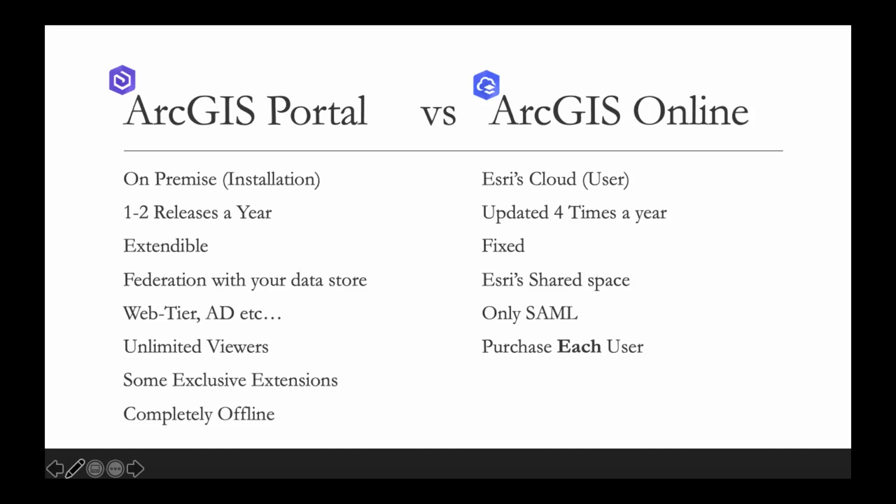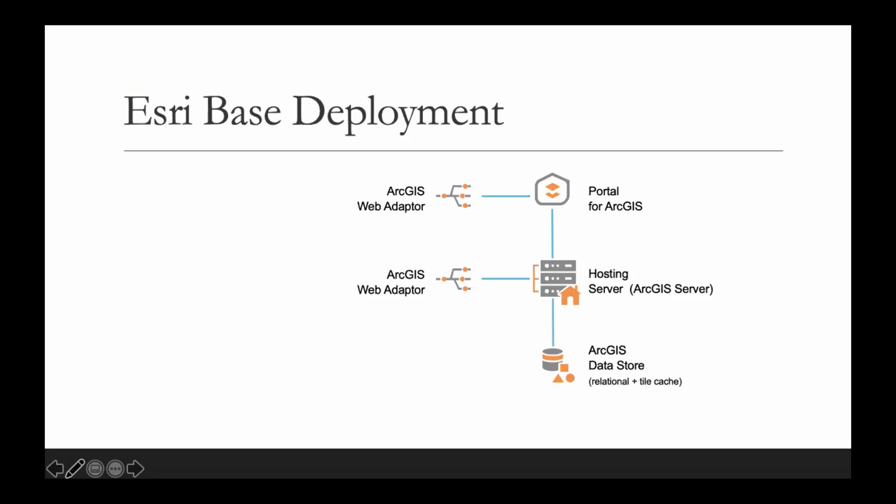When you put data on ArcGIS Online, you're copying it up to that hosted service. So the data that you upload to ArcGIS Online is on Esri's server, whereas the data that you upload to your portal is on your server. So those are some of the considerations that you have. Now, the base deployments.